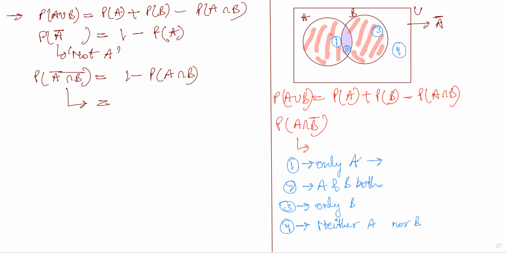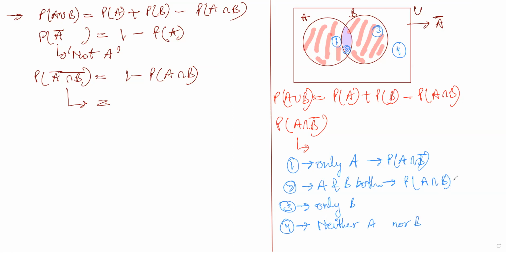So what you can do is write it as A intersection B complement. Whenever you want some and do not want some, always use intersection. So A intersection B complement basically represents A but not B, which means only A but not B. Now A and B both can be represented as A intersection B. In the first case, we want A but not B. In the second case, we want A and B both.